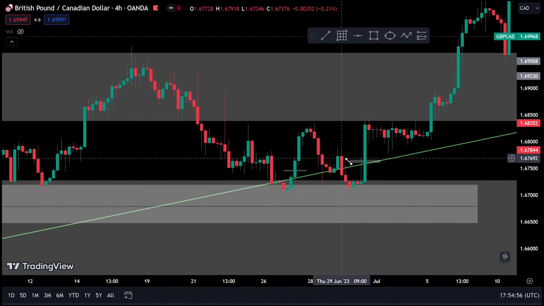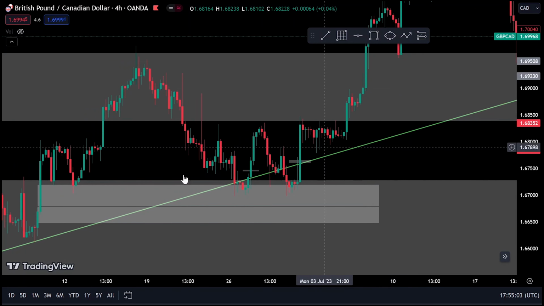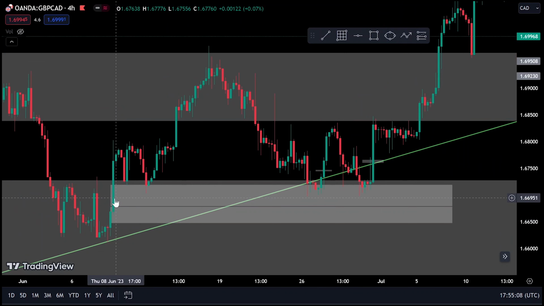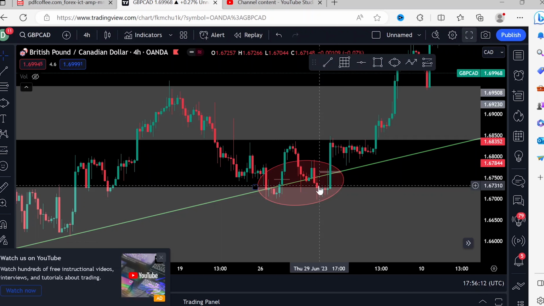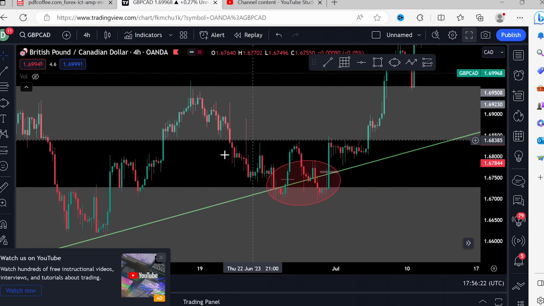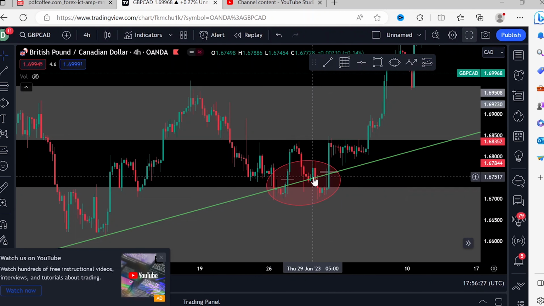Retailers are going to sell, put their stop loss right here, and the institutional traders come in again to take them out of the market. So from here where we started, that's explaining the fair value gap, liquidity injection right here. This is not liquidity. So we can clearly see that this zone drawn is a liquidity injection all in one trade.